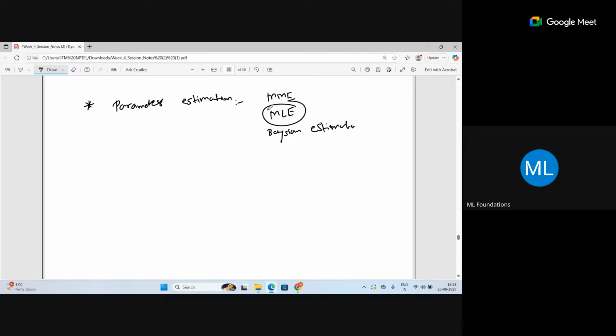And why do we need these estimator methods? What is the idea behind those? What parameters are we going to estimate? We find the maximum likelihood function and optimize it.